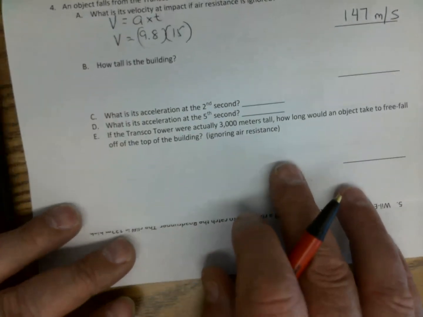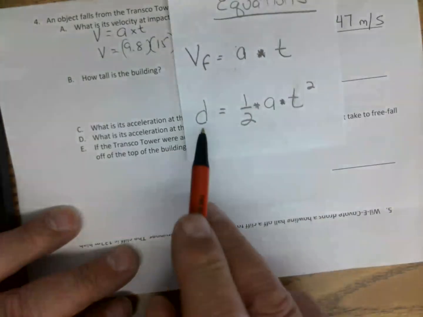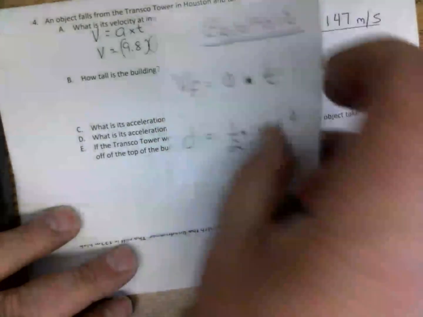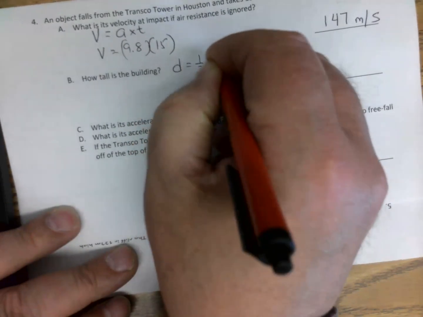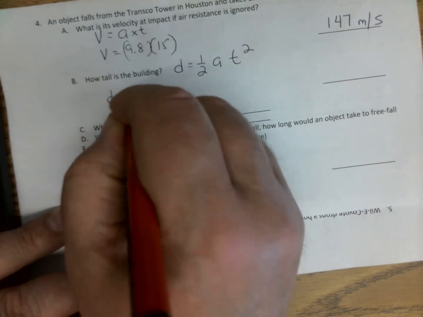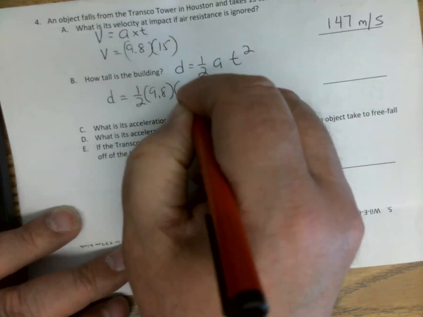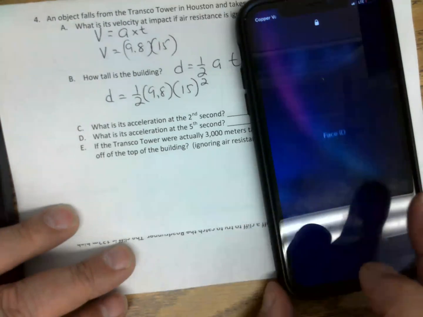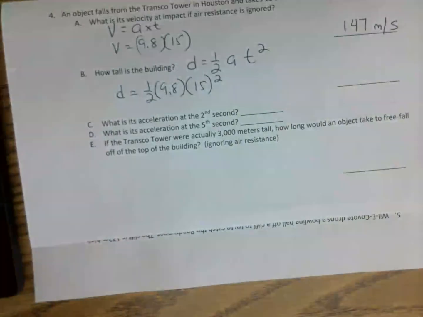Okay. And then how tall is the building? So here it wants to know a distance because it's going to fall from the top and hit the ground. What's that distance? We're going to use that equation. Let's put that in right here. D equals 1/2 A T squared. So this is going to be D equals 1/2 times 9.8 times 15 squared. And we're going to do our math. We're going to follow the PEMDAS thing where it's the exponents first.